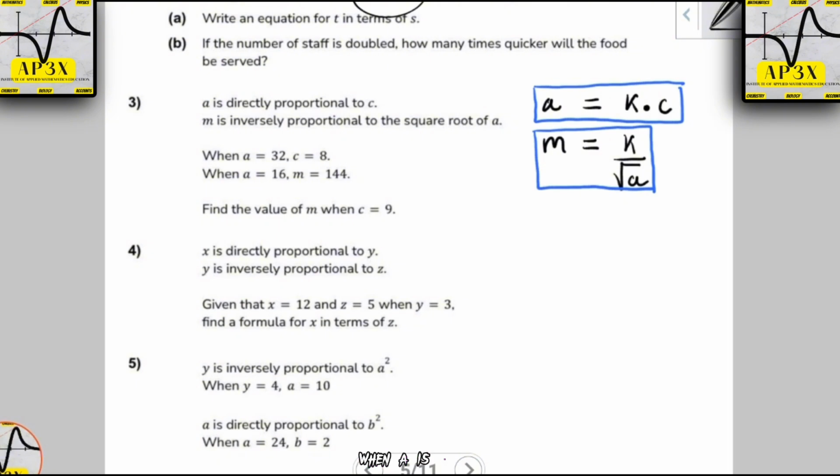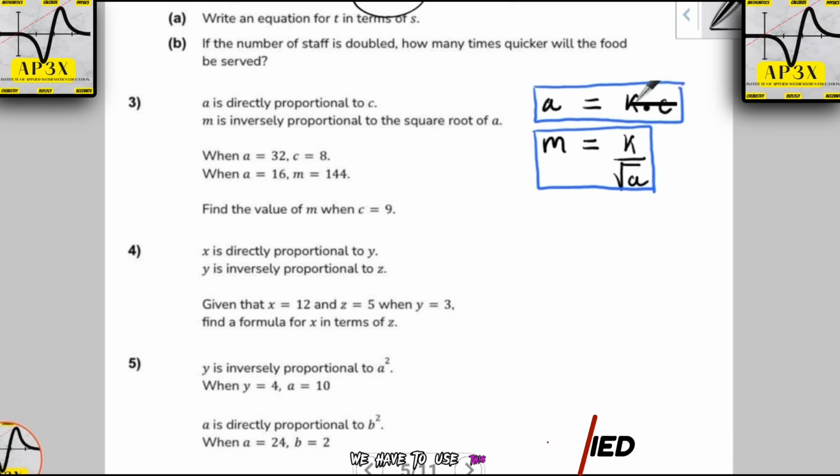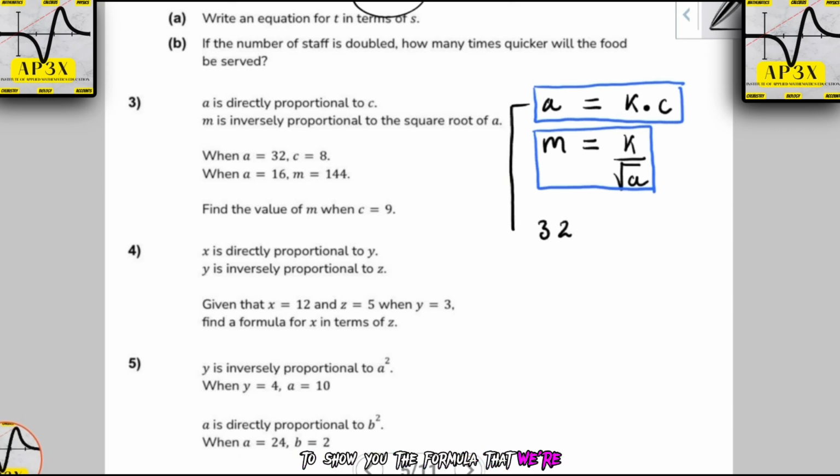When A is 32 and C is 8, we have to use this formula. This is the formula that contains A and C. Let's just use an arrow to show you the formula that we're using.